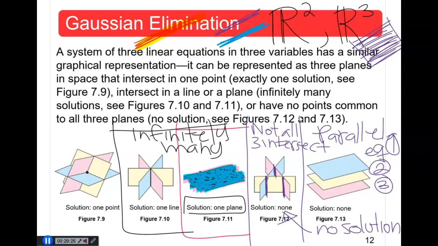With the other example, you could see how all 3 of them are intersecting at a line. So the solutions for this one are going to be all those points that are on the line of intersection. Not any point on the planes, but only the points that are on that intersection line.